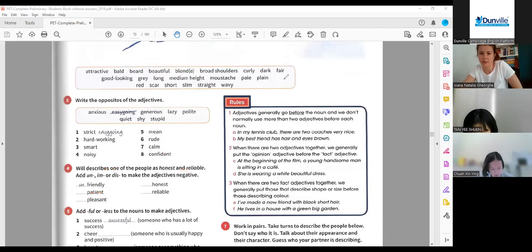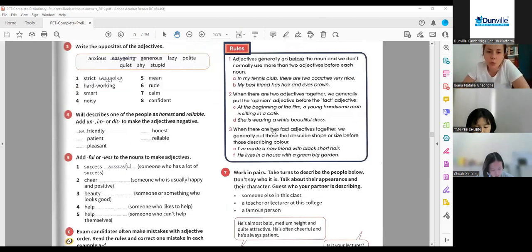for exercise 5, you need to use full or less to the nouns to make them into adjectives. For example, success turns into successful when to describe someone who has a lot of success.